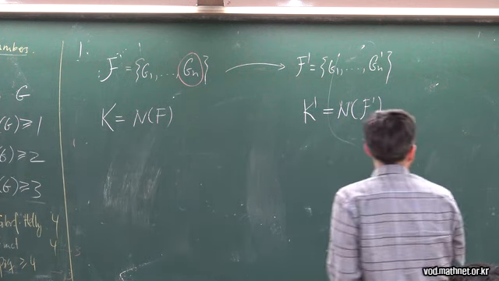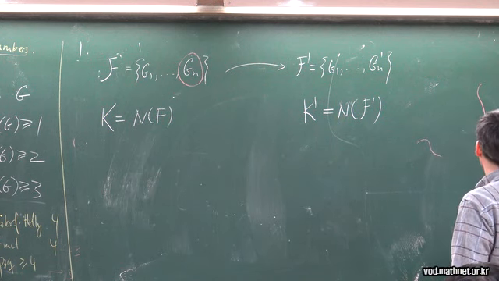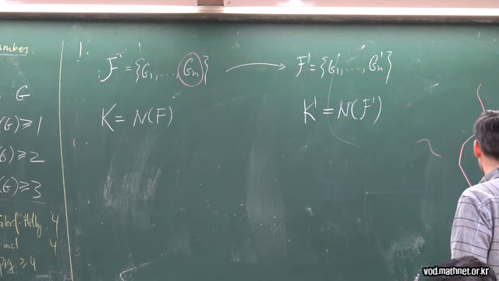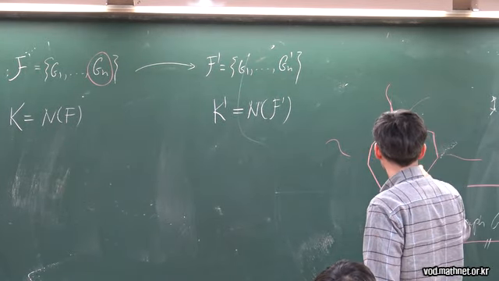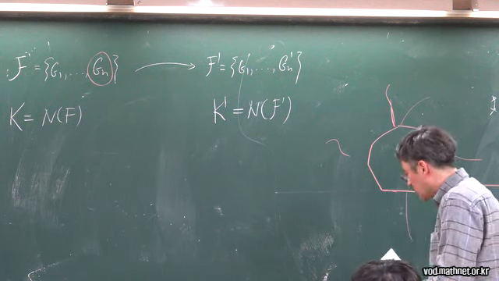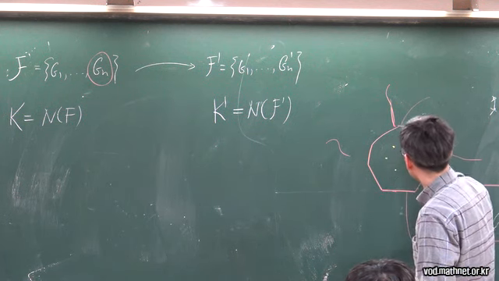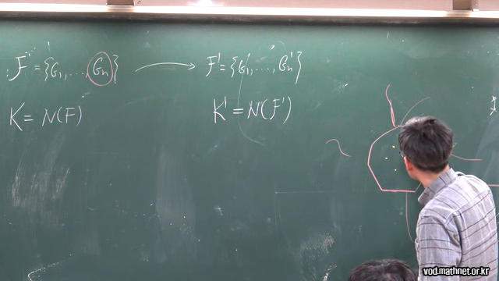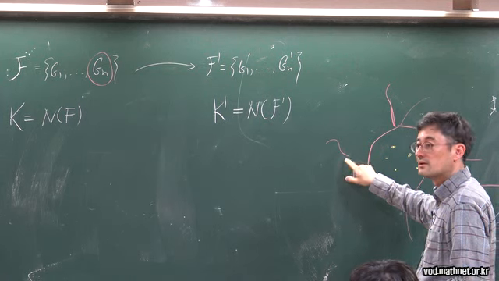And the way that I'm going to change the graph is, so let's look at Gn. It's here, and here's a face of Gn. And there are a bunch of vertices of G inside here. Okay? So these are vertices of G that are not in the graph Gn, and they're inside this face.